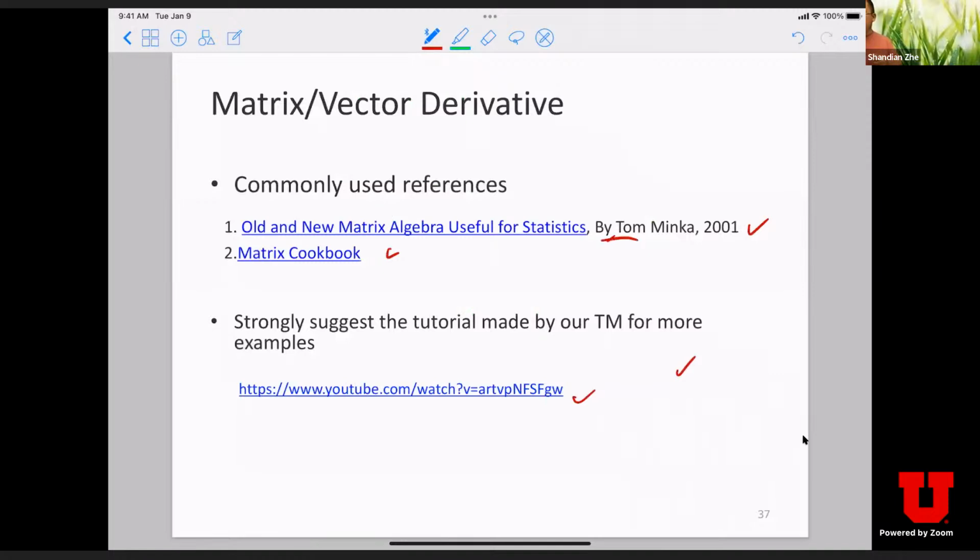It's called Old and New Matrix Algebra Useful for Statistics. You see a lot of rules summarized by Minka. Another one is even more popular. It's called Matrix Cookbook. It's summarized by researchers at the University of Toronto, and it has been spread on the internet for at least 10 years. At least when I was a PhD student, that book was already quite popular. So I guess that won't be at least 10 years.